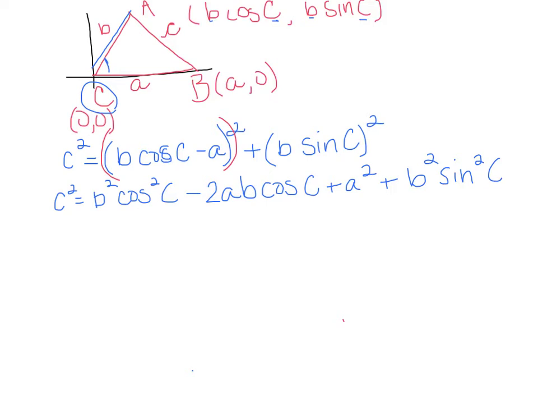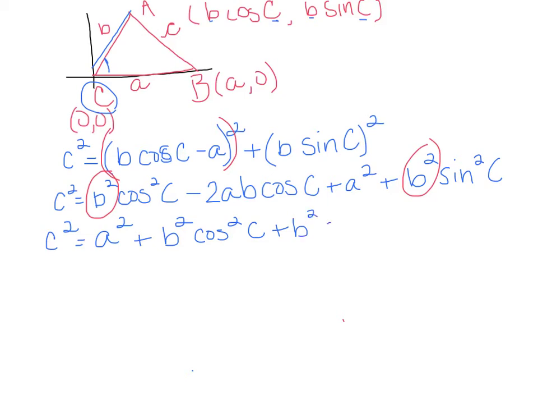Now I'm going to rearrange like terms. Where are my like terms? Well, I have a b squared here and here, so I can start putting those components together. What'll happen is I get c squared is equal to, I'll put my a squared first, then everything that has a b squared in it, so b squared cosine squared of c plus b squared sine squared of c.